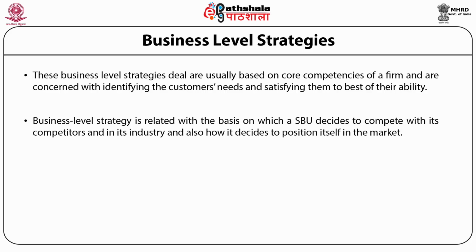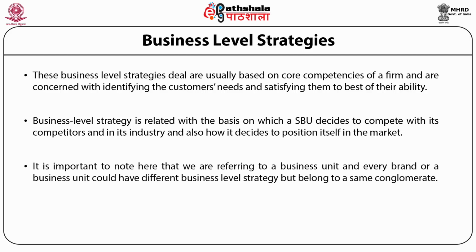Business level strategy is related with the basis on which a SBU decides to compete with its competitors in its industry, and also how it decides to position itself in the market.